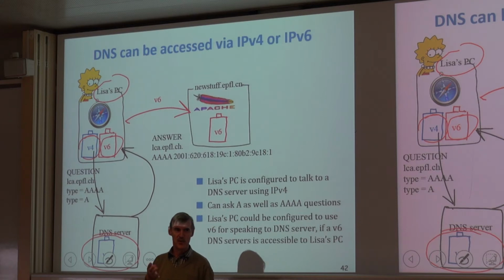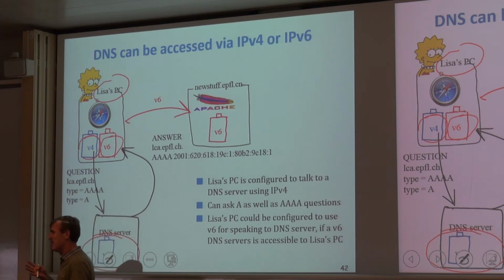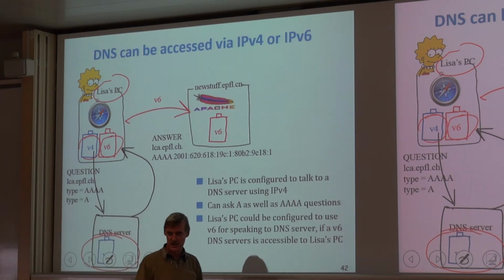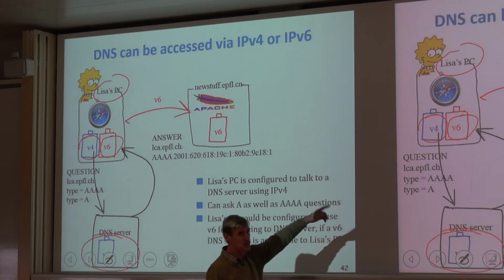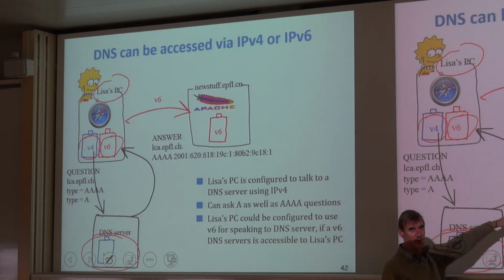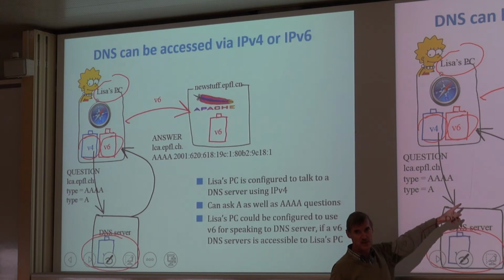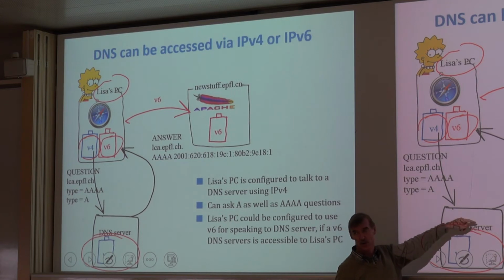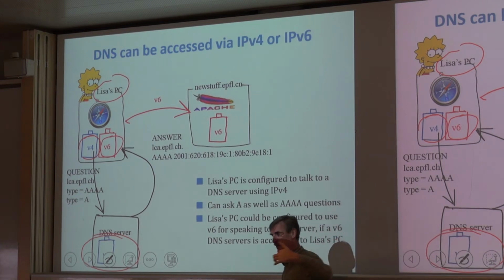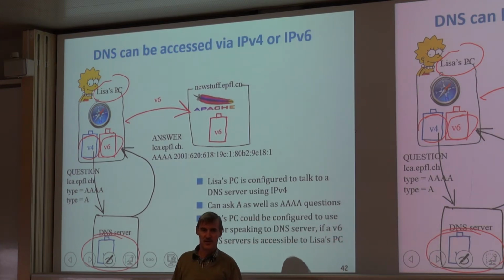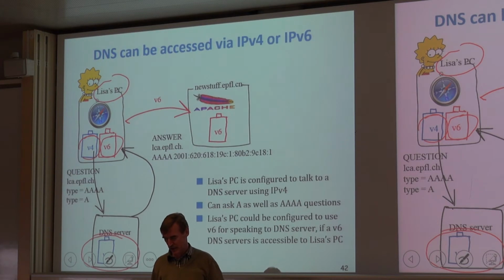Although many implementations will tend to use mimicry: if I ask an IPv6 question, I will go to an IPv6 address of the DNS server. But there are lots of cases where this would not be good, particularly this case here, where this machine has both and doesn't know what the rest of the world is doing, so it would be stupid to send an IPv4 query using IPv4 for an A record, and when you ask for a quadruple A record, use it over IPv6. You can send it in one UDP message, so that is what is done typically.